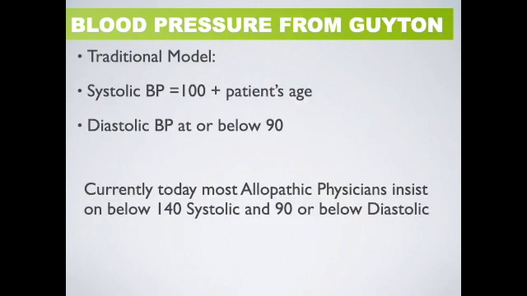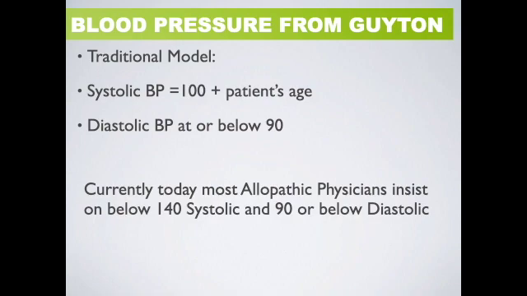Blood pressure, a traditional look for many decades of what was appropriate blood pressure was from Guyton, several versions back, states that systolic blood pressure should be equal to 100 plus the patient's age, roughly. Diastolic should be at or below 90.